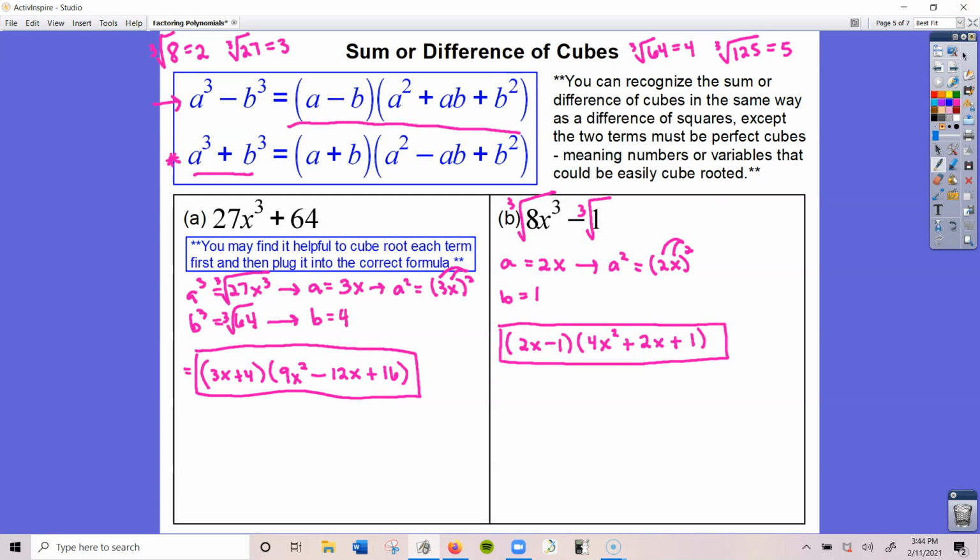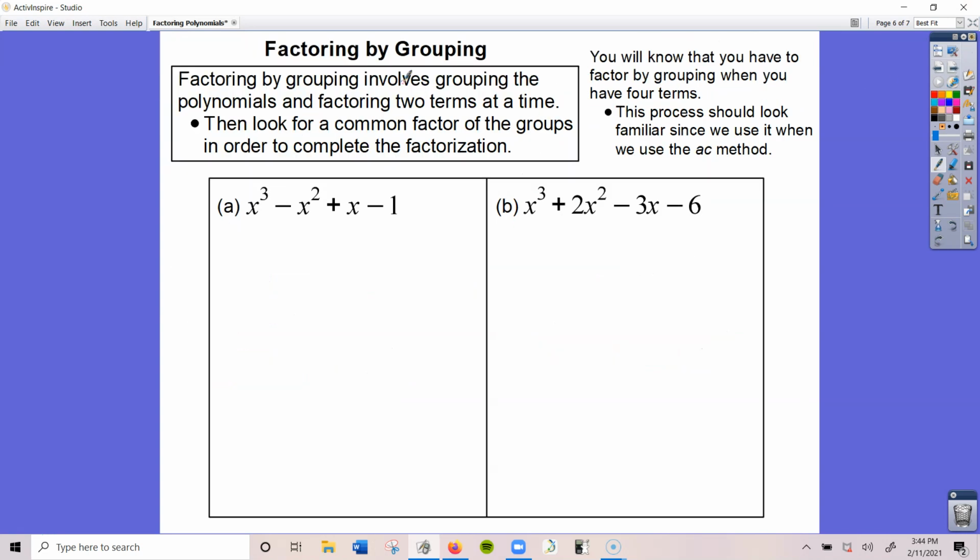Now we're going to factor by grouping. This is the last method of factoring, which actually we do when we do the AC method, so it should be fairly familiar. Whenever you have 4 terms, that means that you are going to have to factor by grouping. So I am going to group the first 2 together with the second 2 together.